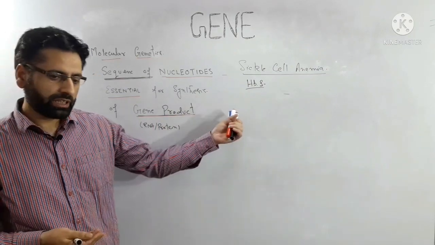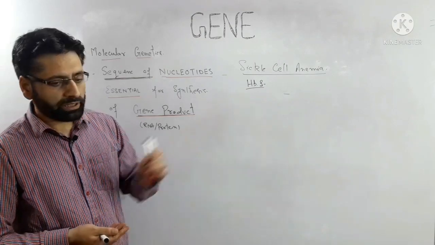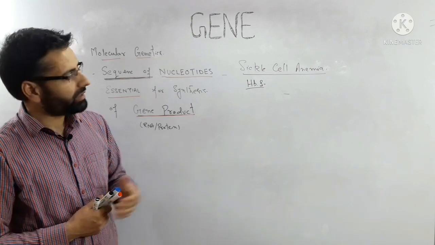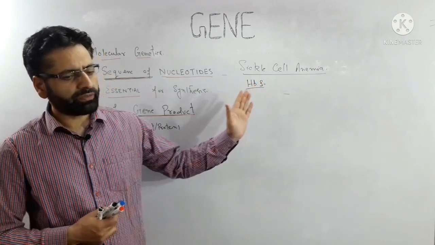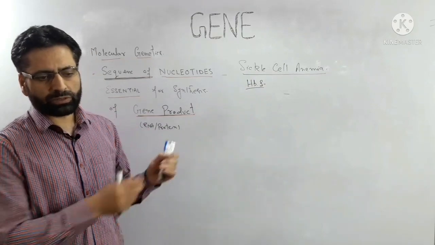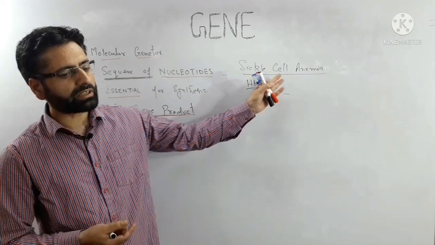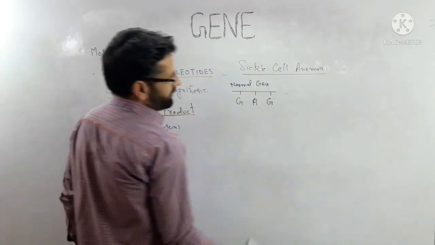This individual will have a low count of RBCs, the RBCs are not so flexible, and we have sickle-shaped RBCs. So these are some phenotypic features which have serious complications in the individuals. The cause of these phenotypic features is a point mutation.